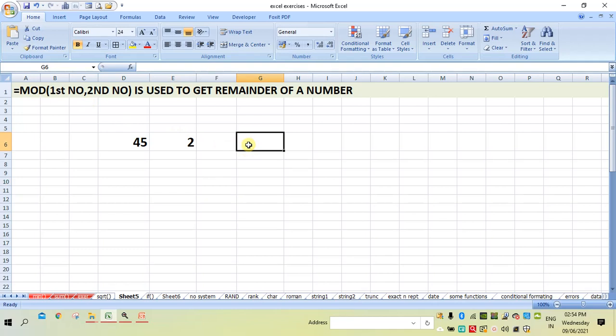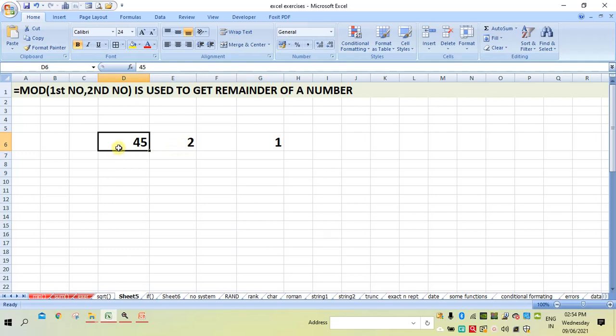So let me write the function, equal to MOD. First the first number, then put a comma, then the next number. The answer is 1. It is the remainder of 45 when divided by 2.